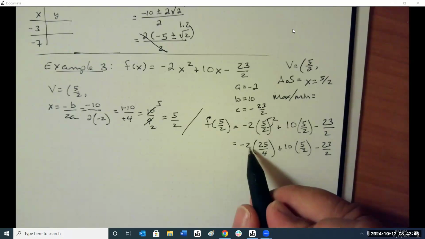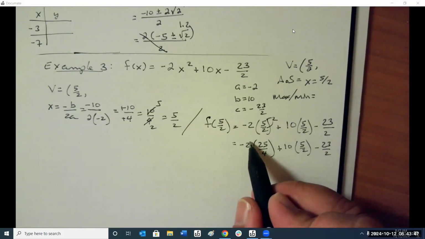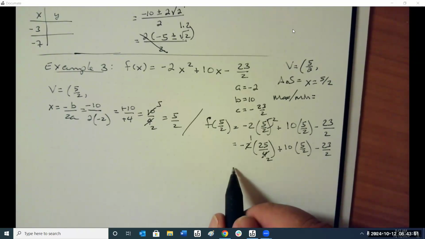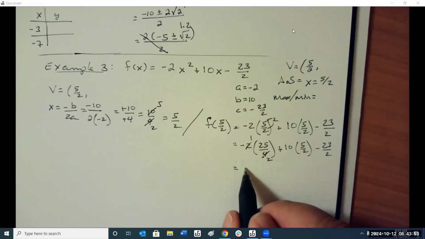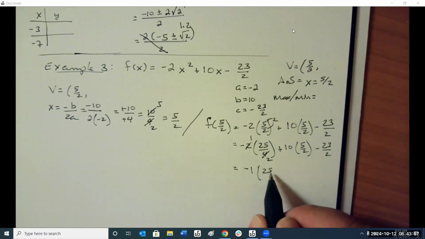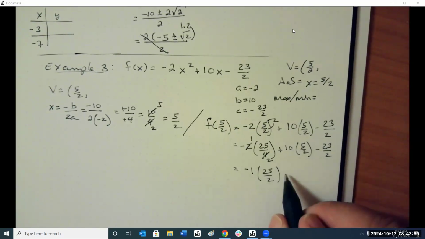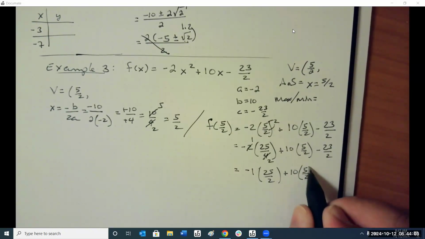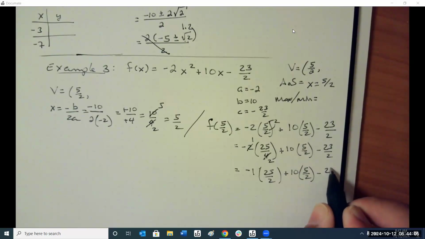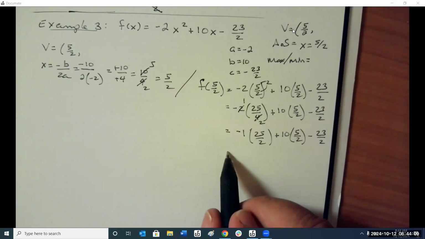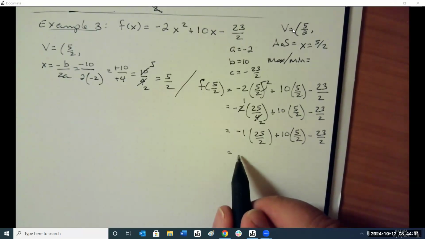When I simplify this one, 2 goes into 2 once, 2 goes into 4 twice. I got negative 1 times 25 over 2, plus 10 times 5 over 2, minus 23 over 2. Notice they all have over 2, so I could just leave those alone.